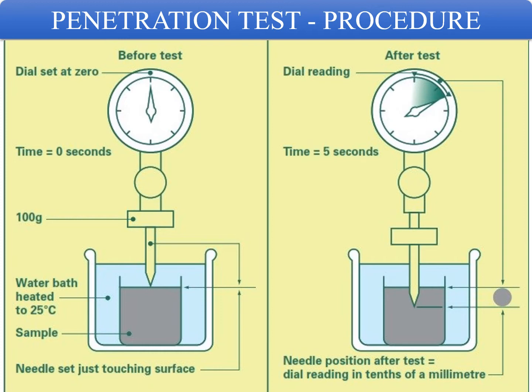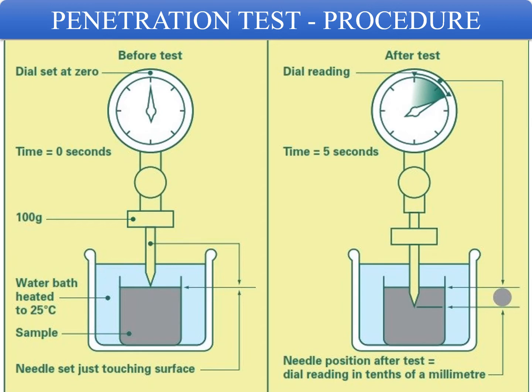Then there is a vertical loading frame which contains a 100-gram weight, and there is a circular push button which needs to be pushed to run the needle in the downward direction. You have a container with a water bath heated to 25 degrees centigrade, and inside the water bath you have the sample containing the bitumen.